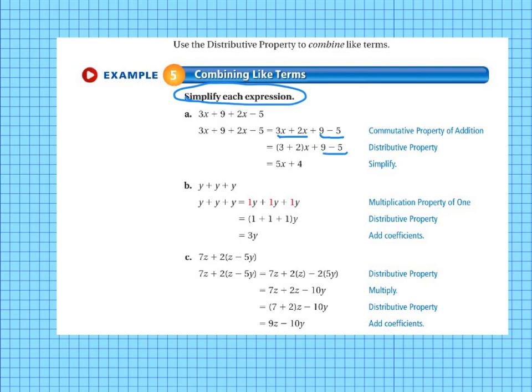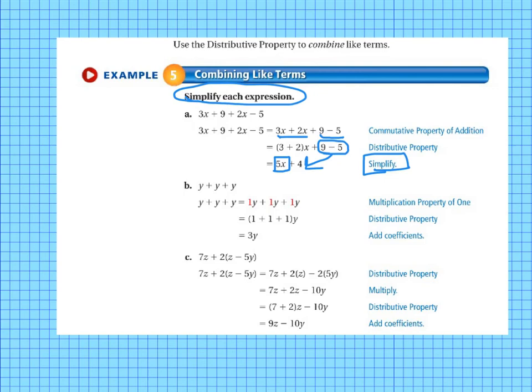So 9 minus 5 is the easy part. 9 minus 5 equals 4. And then we have 3x plus 2x, which equals 5x. Or you can add 3 plus 2 is 5 times x. So either way, you end up with a simplified expression of 5x plus 4.